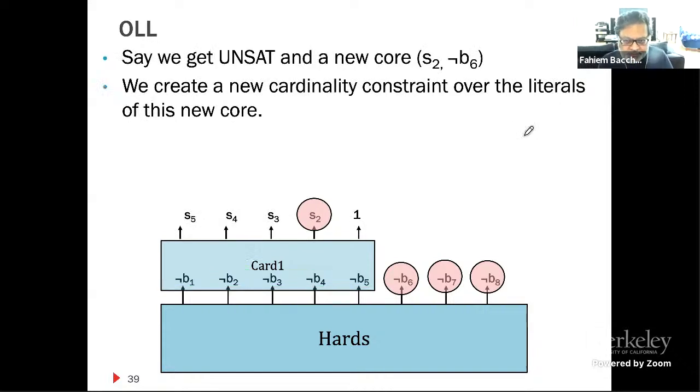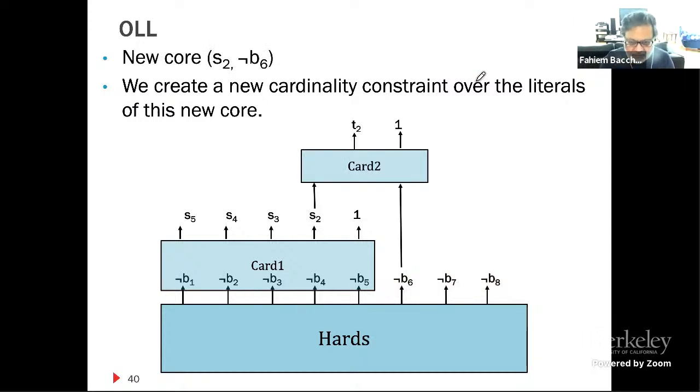So, for example, say that you get that I have to make at least S2 or not B6 true. One of those has to be true. That's what the SAT solve is telling you. So now you build, again, a new cardinality constraint over those 2 input variables. And you've created 2 cardinality constraints that you've added to the formula, which had the original set of feasibility constraints.